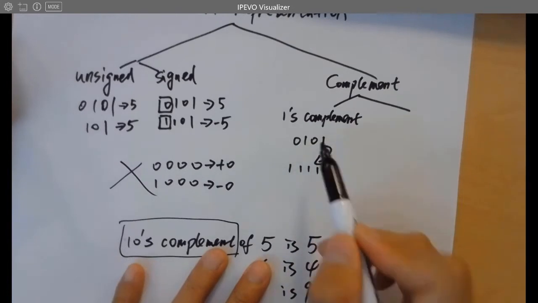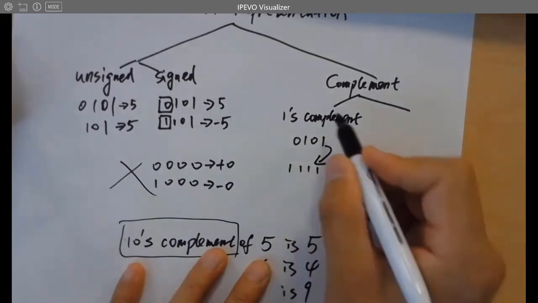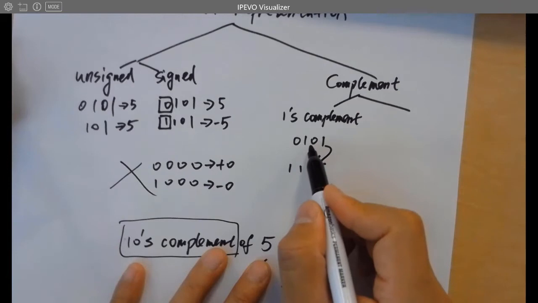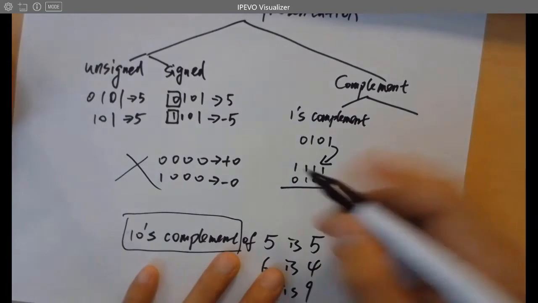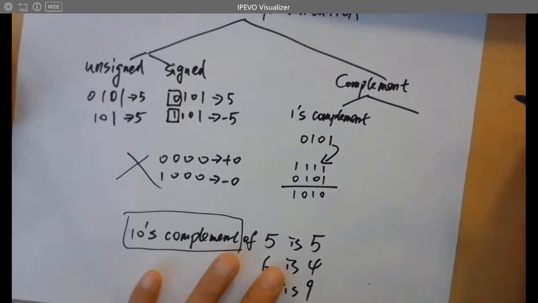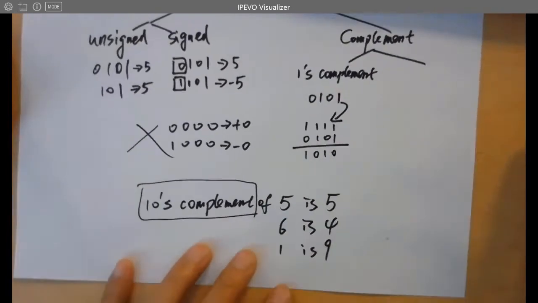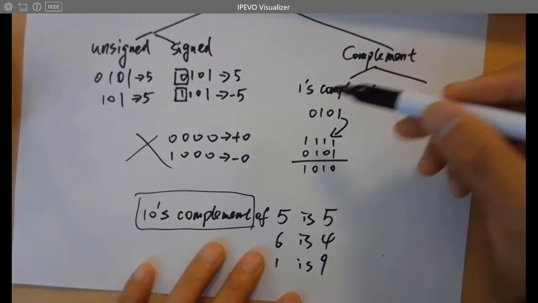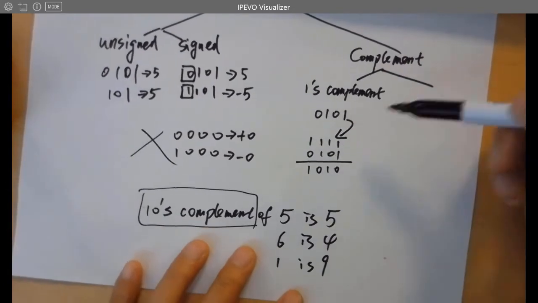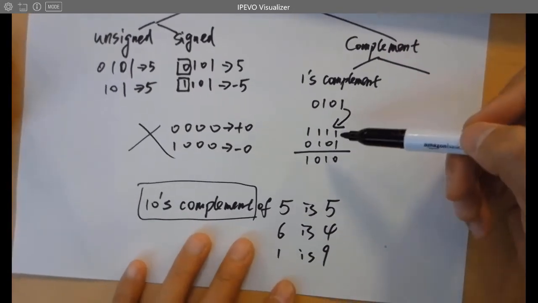So it's 1111 minus 0101, which is 1010. About 40 years ago, some systems were still using 1's complement to do some of the work. So 1010 will be the negative version of that number.